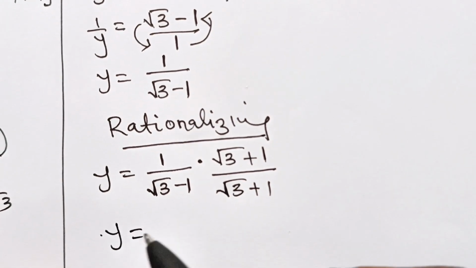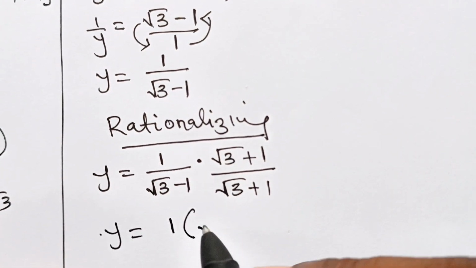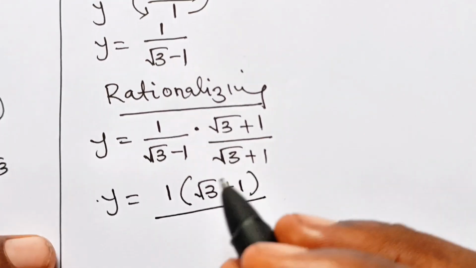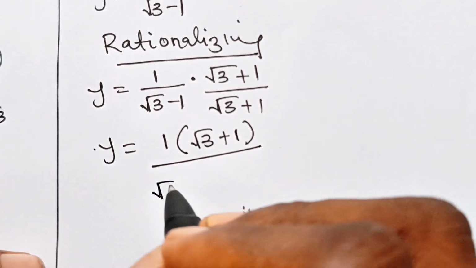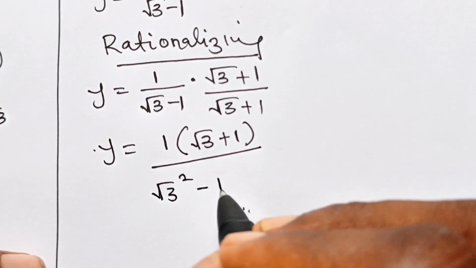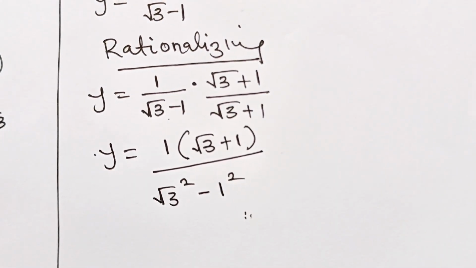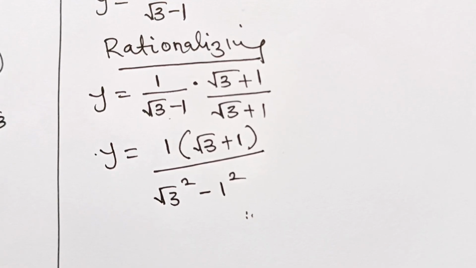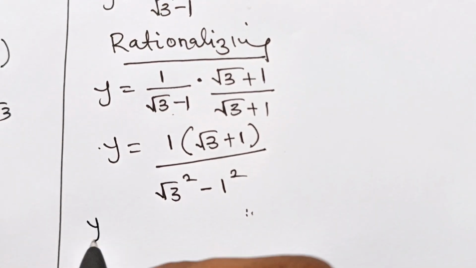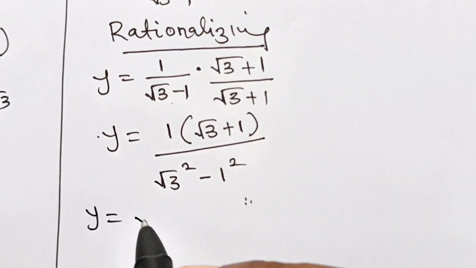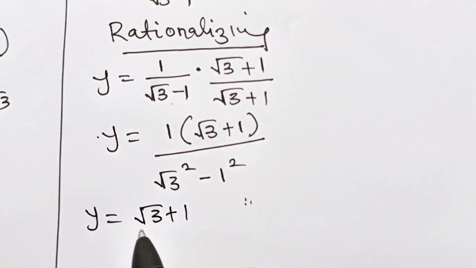So our y is 1 multiplied by root 3 plus 1 divided by root 3 squared minus 1 squared. You already know what I did here, right? Difference of 2 squares. So if we continue, we have y is equal to 1 times this will give us root 3 plus 1.